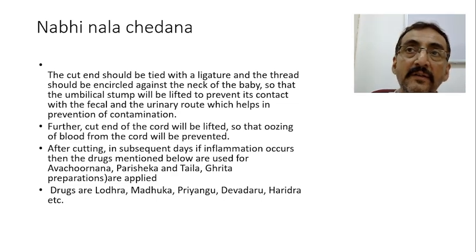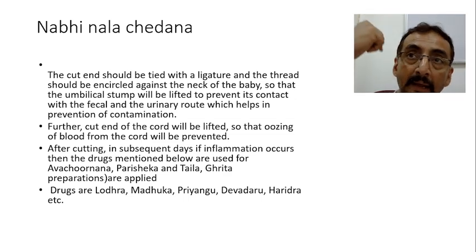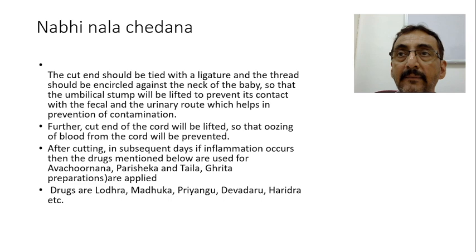So what Charaka says is, after cutting the umbilical cord at 8 angula length, you tie a ligature, and the thread is kept over the neck area, so that the stump is lifted and does not come in contact with the perineal, anal or urinary area.